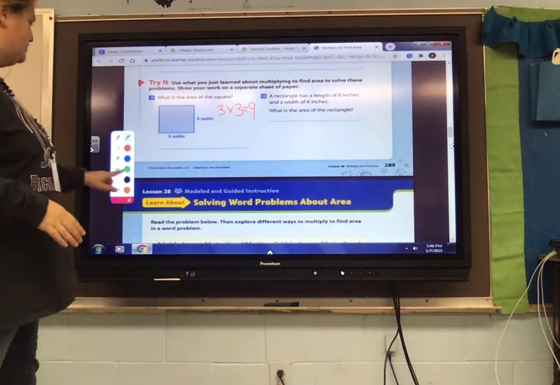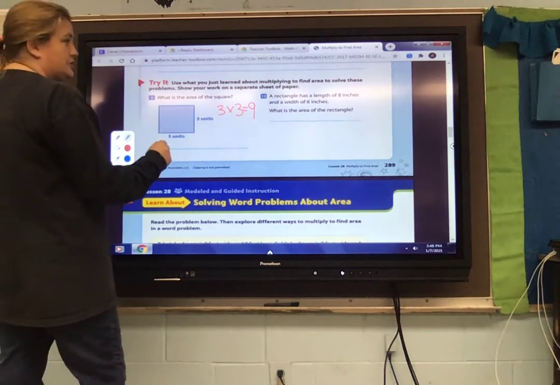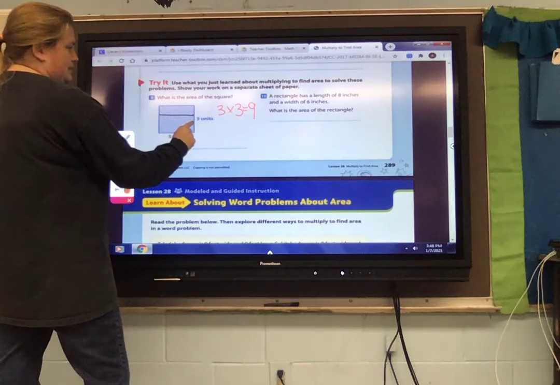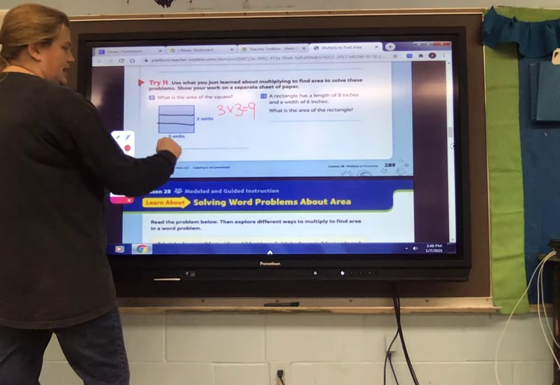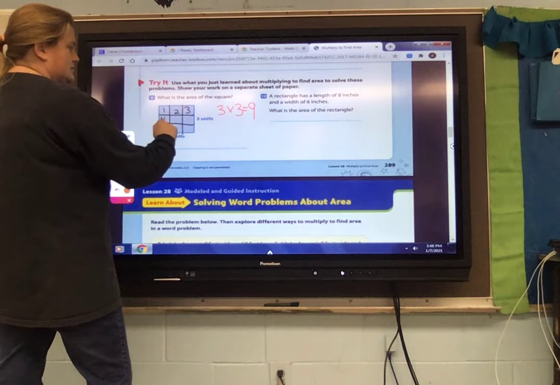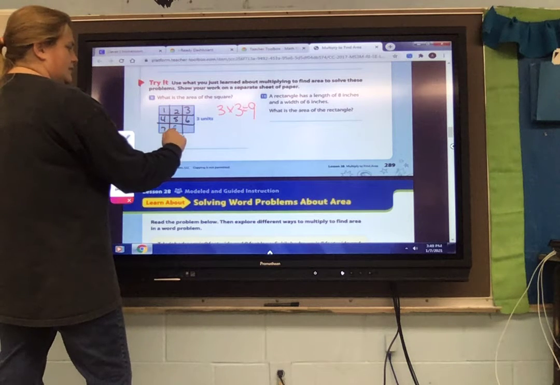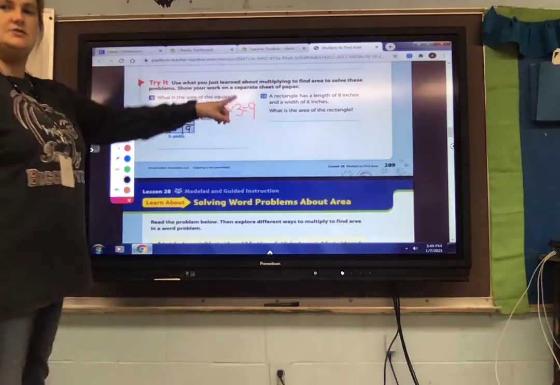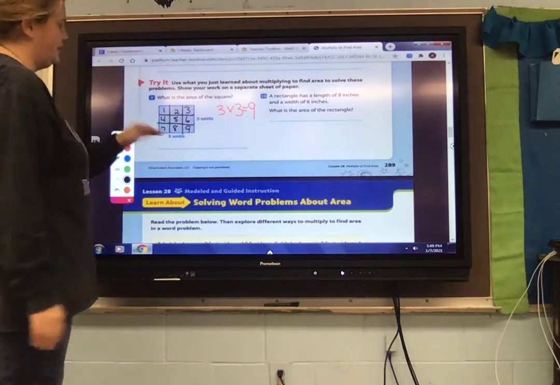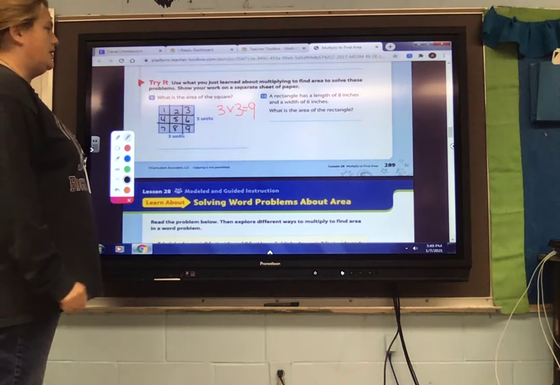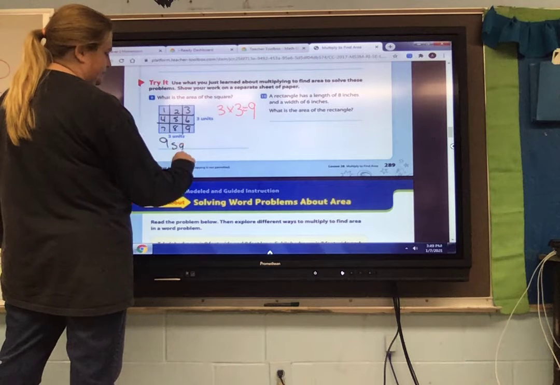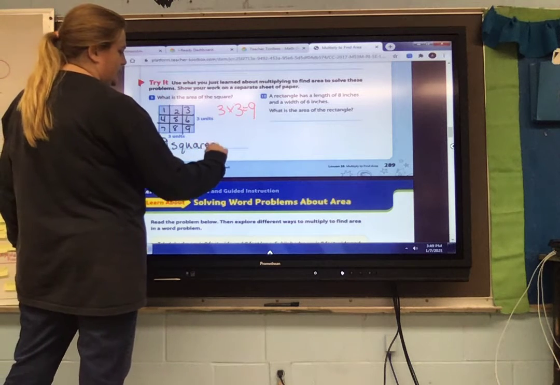Another way you could do this, if you wanted to model or draw a picture, if you know that you need 3 rows, you could simply make 3 rows, 1, 2, 3, and 3 columns, and then we could go through and count our squares, and those answers should match, because 3 times 3 is 9, or 3 rows and 3 columns is also 9. So our area is going to be 9 square units.